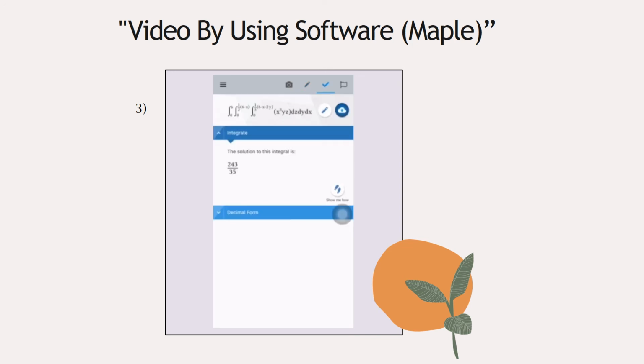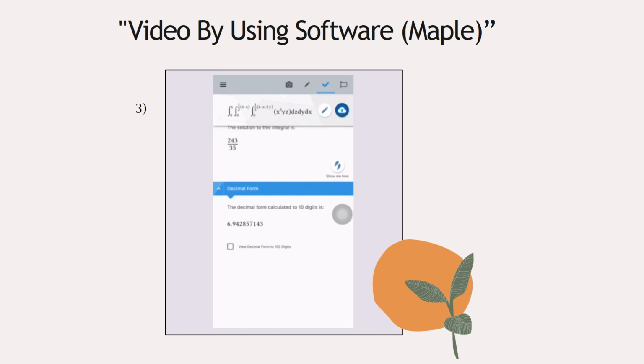Then we got the result 243/35, and in decimal form it is 6.9428, which is also the same as the manual calculation.